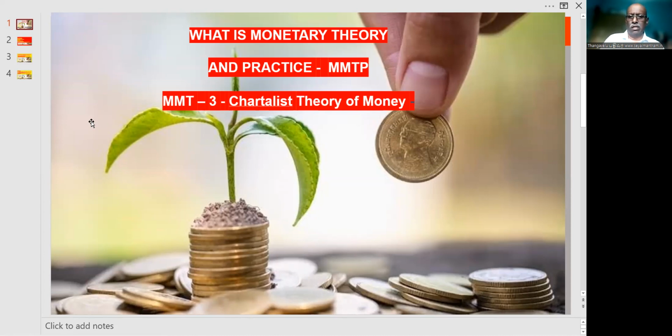The Chartalist theory also should take the responsibility of holding and practicing holding the money at the value it has in economic form. It should consider the ecological aspects also. So with this I conclude the monetary theory and practice. It should focus more on ecological value rather than monetary value; it is just the balance at the time we require.